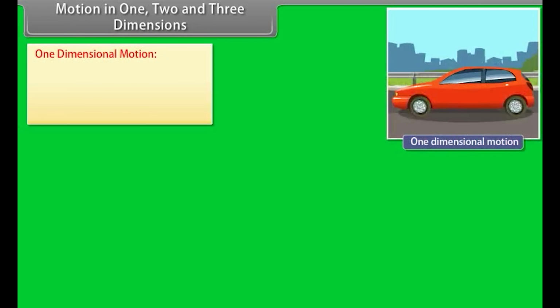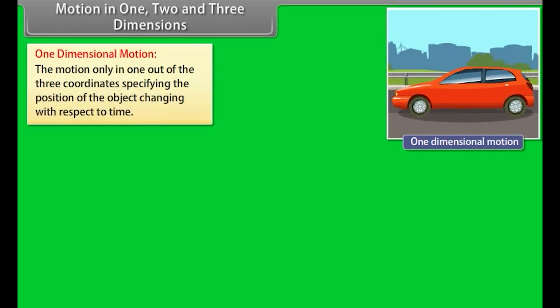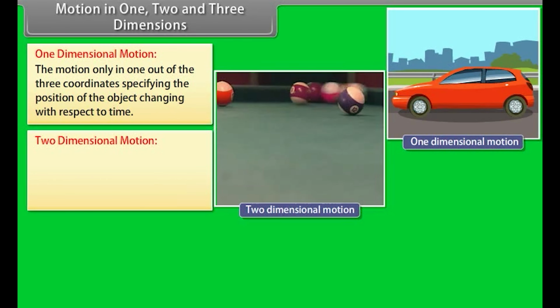Motion in 1, 2, and 3 dimensions. One-dimensional motion. The motion in which only one out of three coordinates specifying the position of the object changes with respect to time. Example, a car traveling in a straight line. Two-dimensional motion.